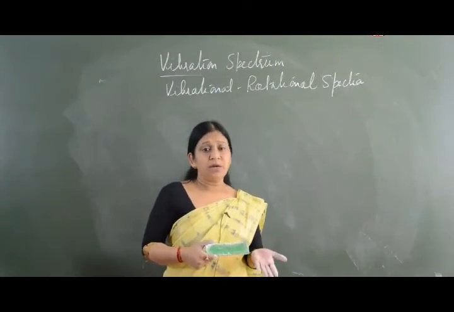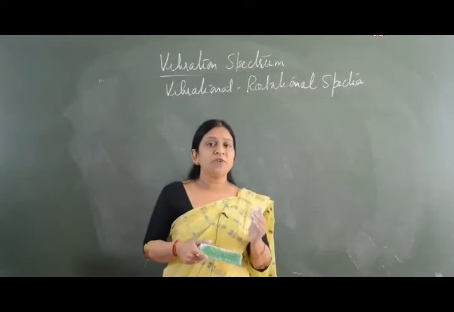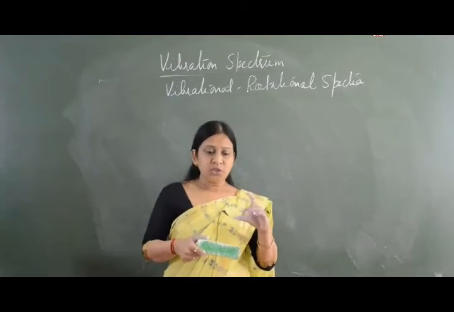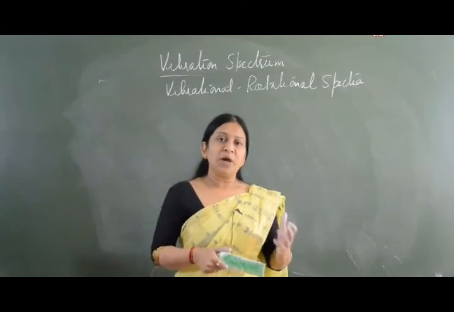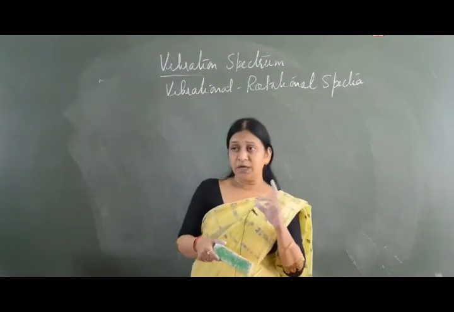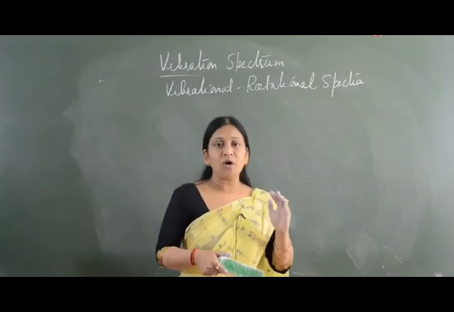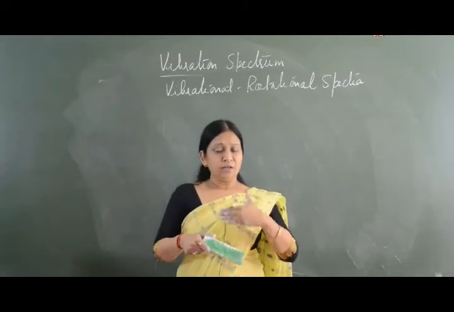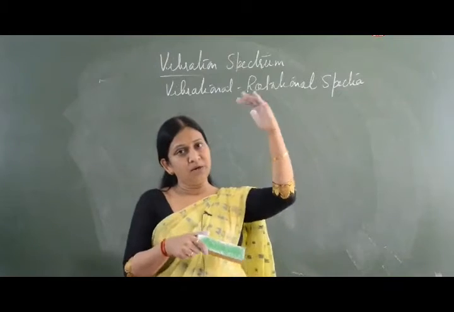When it was vibrating as a simple harmonic oscillator, the selection rule was delta V plus minus 1, and the energies were equally spaced. When we considered a molecule to be vibrating as an unharmonic oscillator, the selection rule was plus minus 2 or plus minus 3, and the spacing between the energy levels was not the same. It will keep on increasing.